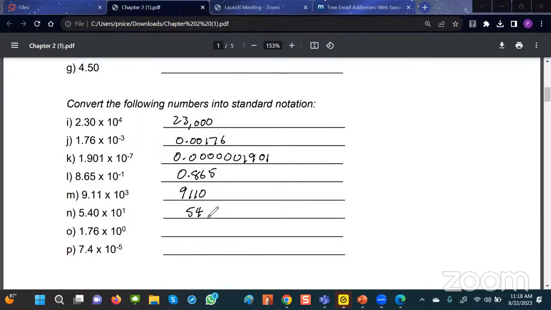Okay, and again, I should put a 0 here. Again, I'll explain why that is so later on. Next one. 1.76. All right, next one. Okay, so 4 zeros before the 7.